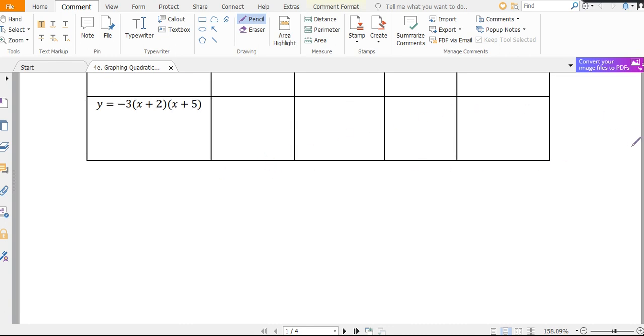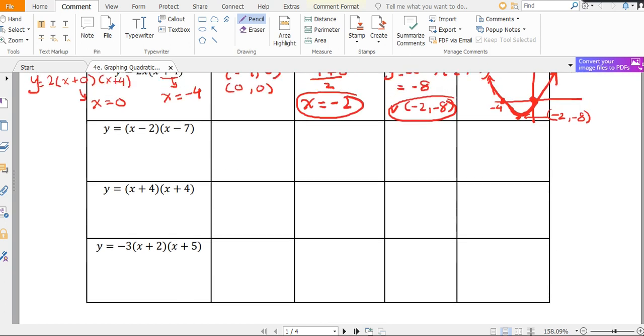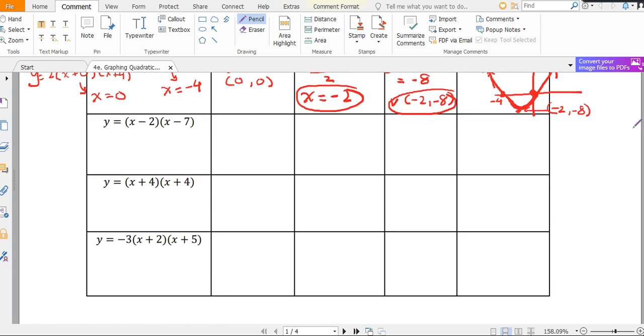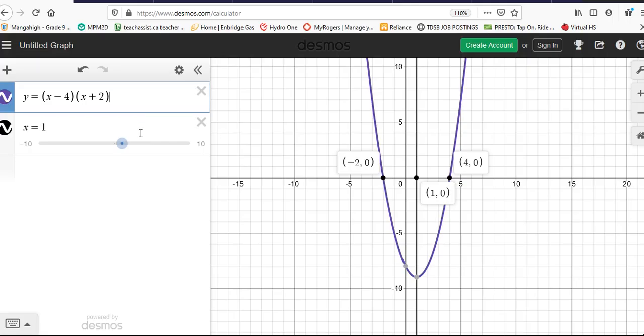So, I do want to address why we switch signs. It's as simple as this. If I took a look at this question and I asked you, what are the x-intercepts? You said it's 4 because that's a negative 4, and negative 2 because that's a positive 2. But why is it that we switch signs?